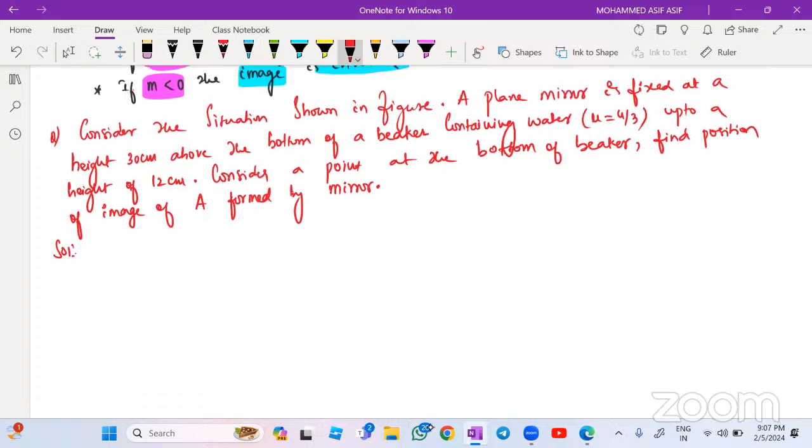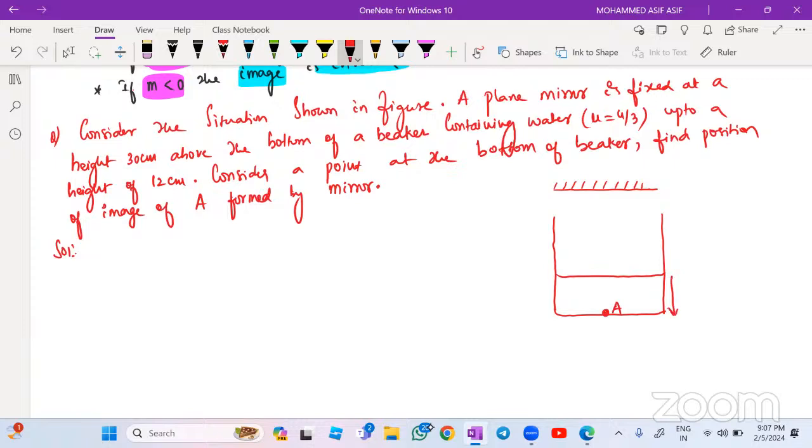This is the given diagram. Here there is a mirror, and there is water filled up to this level. This is a point A here.